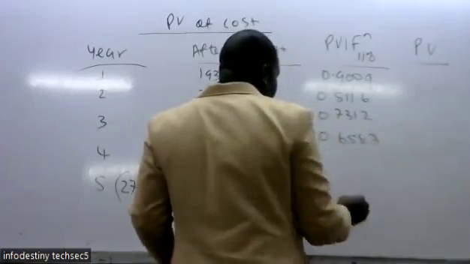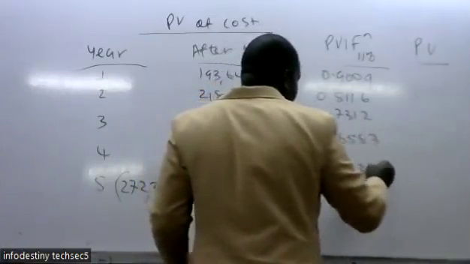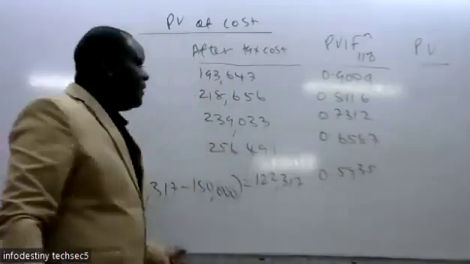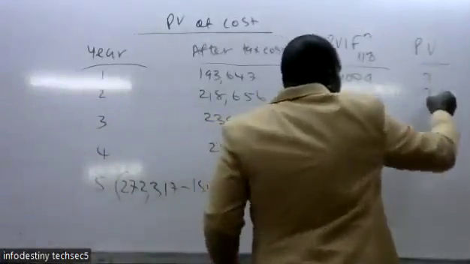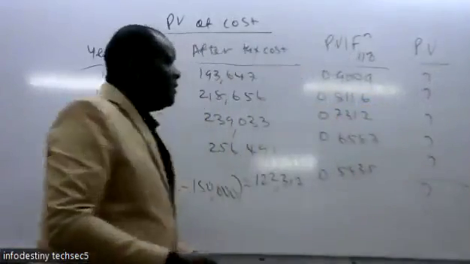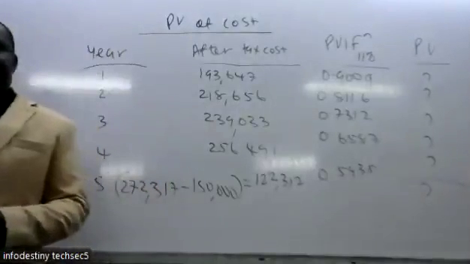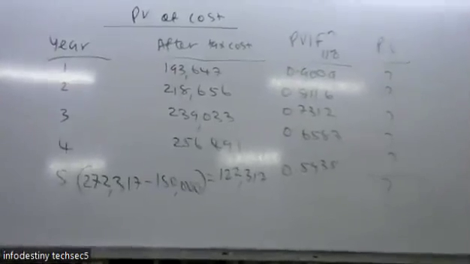And finally 0.59. So multiply those figures by these values. Then add them together to give you the present value of buying that machine, the present value cost of buying the machine.